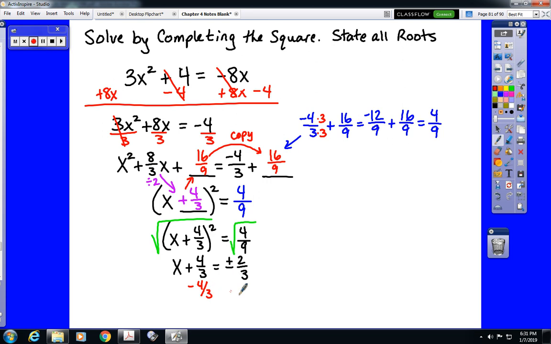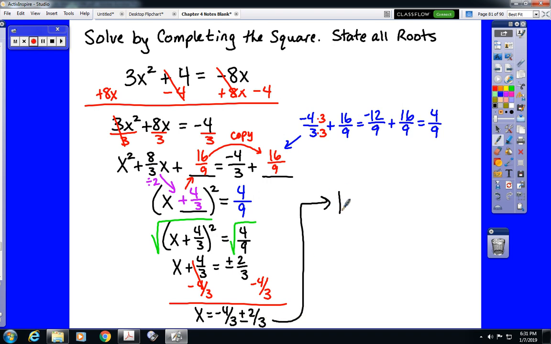Subtract 4/3 from each side, and we get x is negative 4/3 plus or minus 2/3. Well, those can be combined. So just like the problems earlier in the lesson, we're going to have to separate those out.